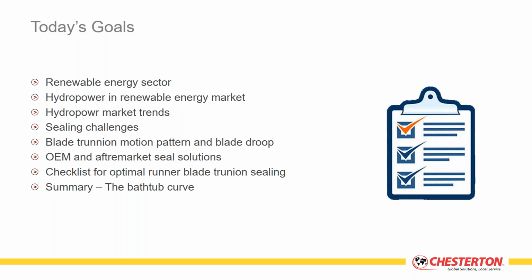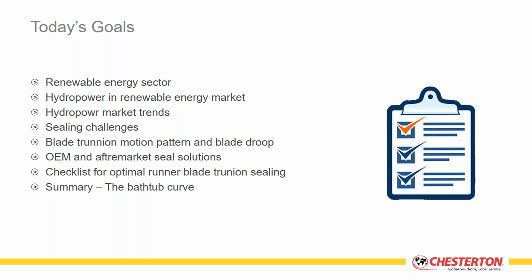Then, what are the sealing challenges of the equipment, especially focusing on the turbines in hydropower applications. Then, from a technical point of view, a short discussion about the blade linear motion pattern and the blade droop questions. And then, what are the typical OEM and aftermarket sealing solutions for runner blade applications.